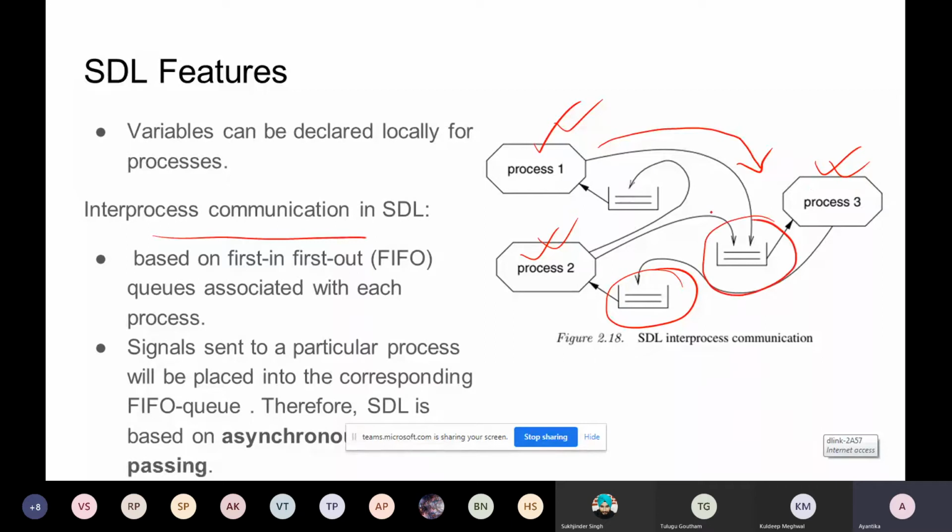And not only process 1, process 2, process 3; if there are n processes, everybody, as and when required, as and when they want to interact or exchange some values with process 3, will make use of this FIFO queue. FIFO means first in, first out. Whatever signal goes in first in this queue, process 3 will extract that, and it will use that in its next level of processing, maybe as processing input.